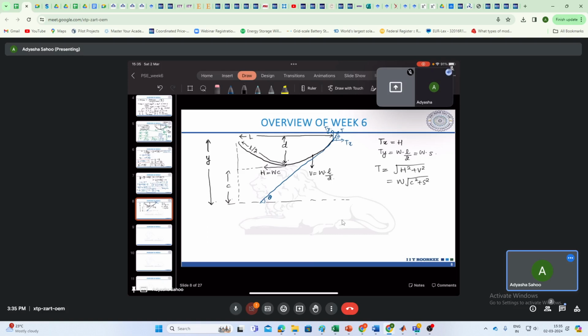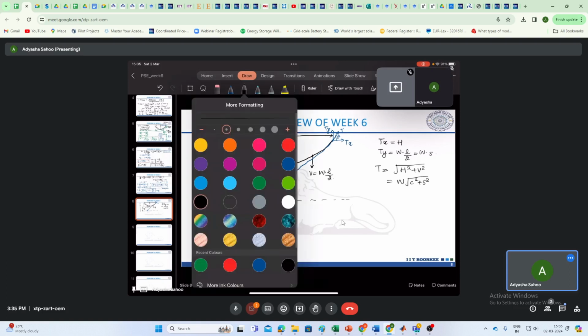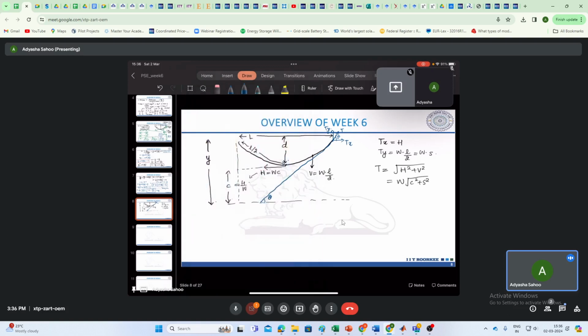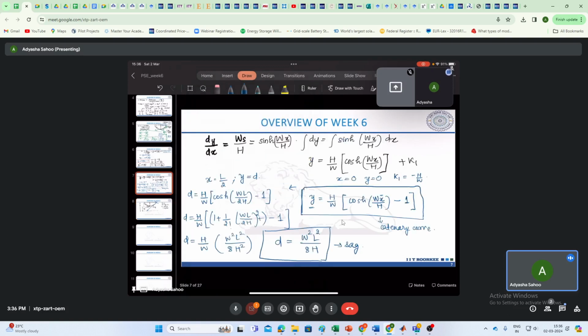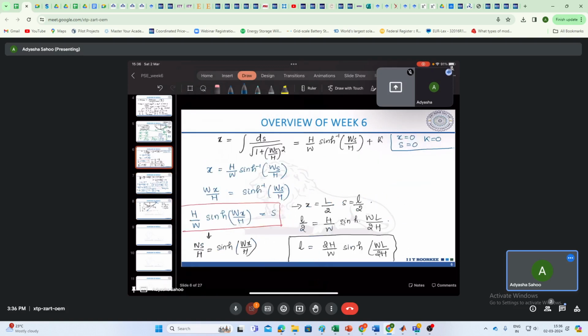So from this equation we can write C as H by W. Now if you remember, earlier we had the relation for S, this one basically.